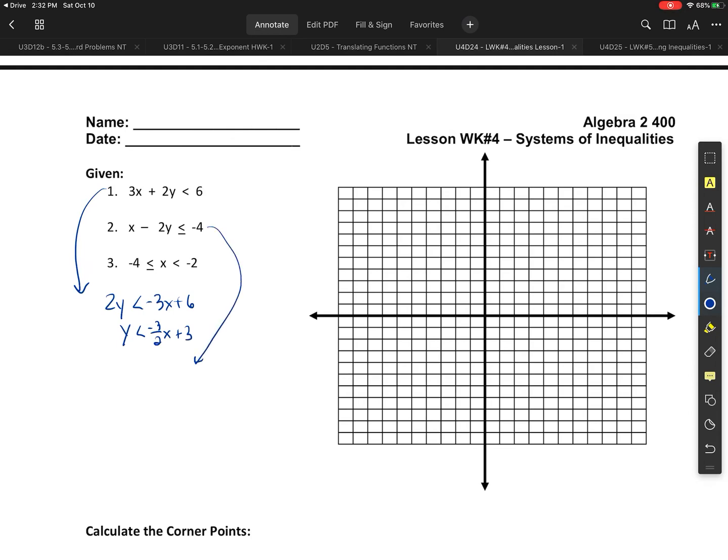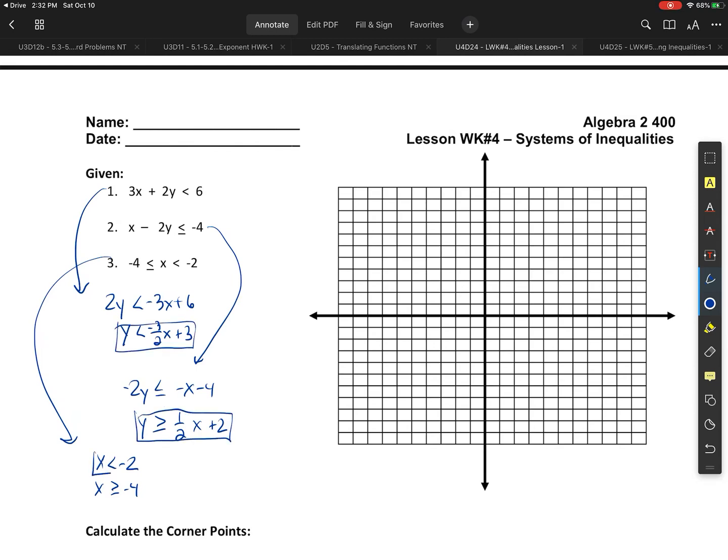Equation 2, I got negative 2y is less than or equal to negative x minus 4. Divide by negative 2. Sign flip. y is greater than or equal to 1/2 x plus 2. Equation 3, I like to think about it, I call it train tracks. So here, they can actually be separated into x is less than negative 2 and x is greater than or equal to negative 4. So really, in this situation, we end up having 1, 2, 3, 4 inequalities.